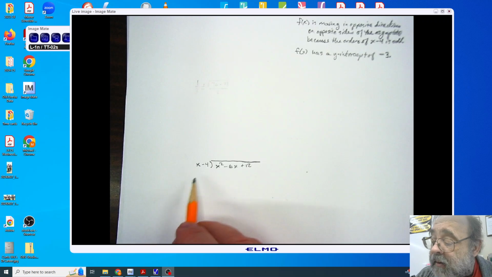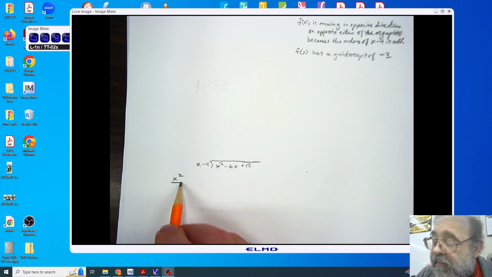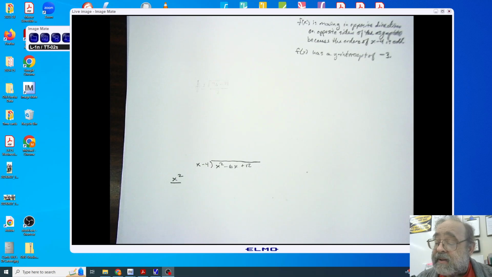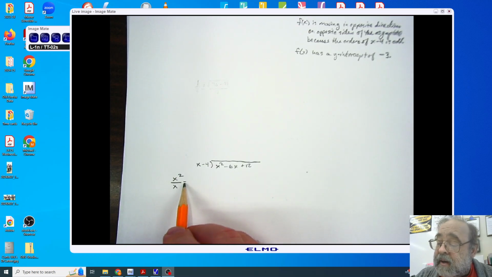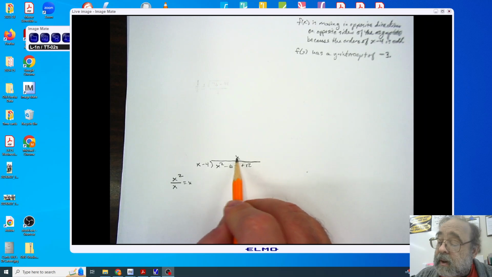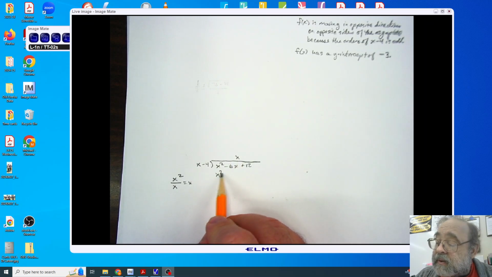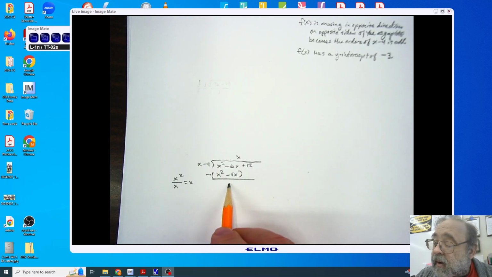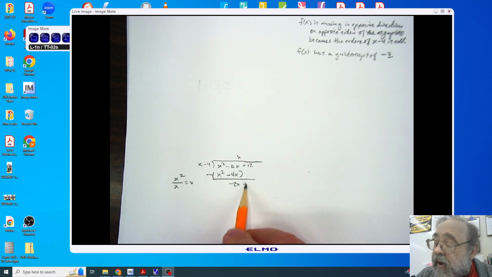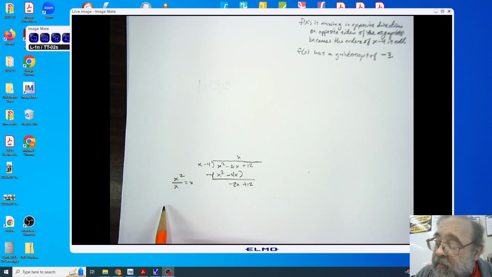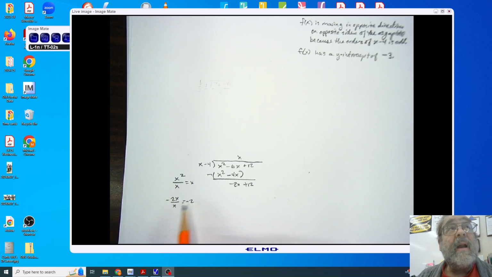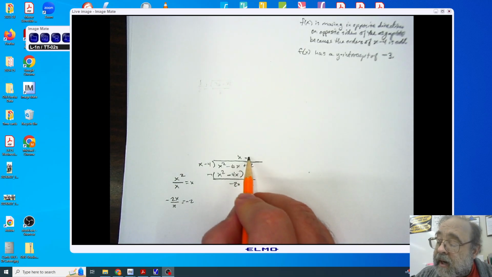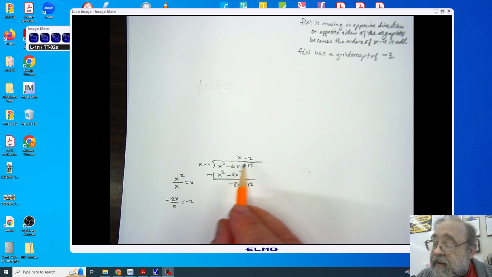and then we divide. So we take the variable's highest power inside over the highest power outside, we reduce, we distribute. X squared minus 4x, we subtract, and we get negative 2x plus 12. We repeat the process, negative 2x divided by x, we get negative 2. Negative 2 goes up top. That's going to give me negative 2x plus 8.